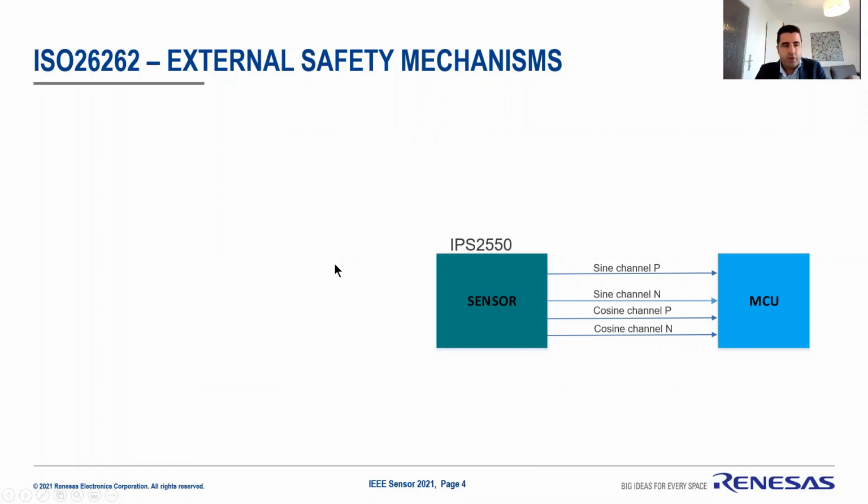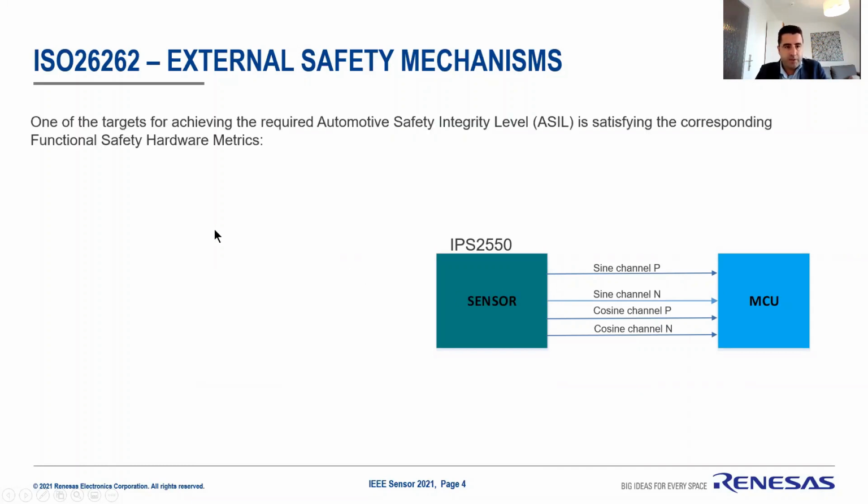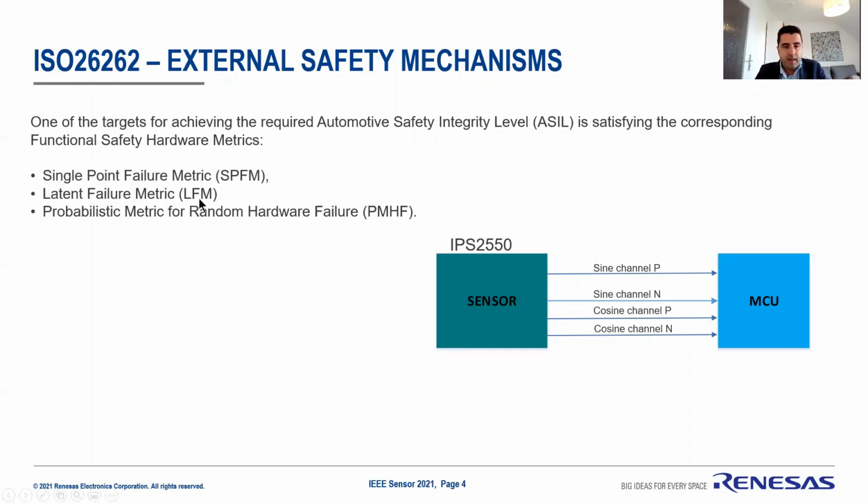According to the automotive functional safety standard ISO 26262, one of the requirements to achieve the automotive safety integrity level, called ASIL, is the satisfaction of the hardware metrics like SPFM, LFM, PMHF.